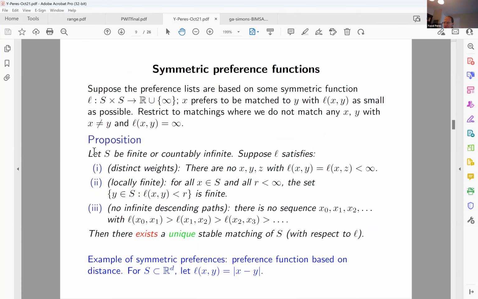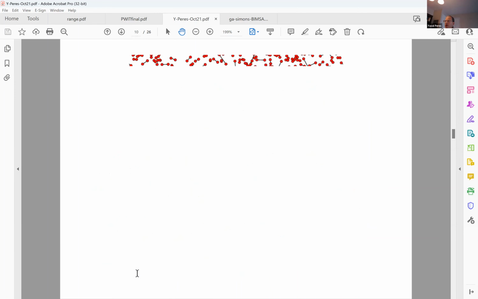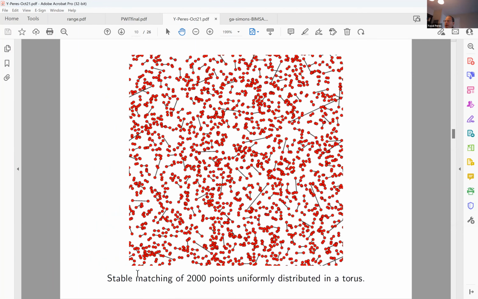And if the preference functions are symmetric, which is true in our case, so just go to the bottom here, if the preference function is based on distance, then the stable matching is unique, and it's given by the greedy procedure, as I mentioned.